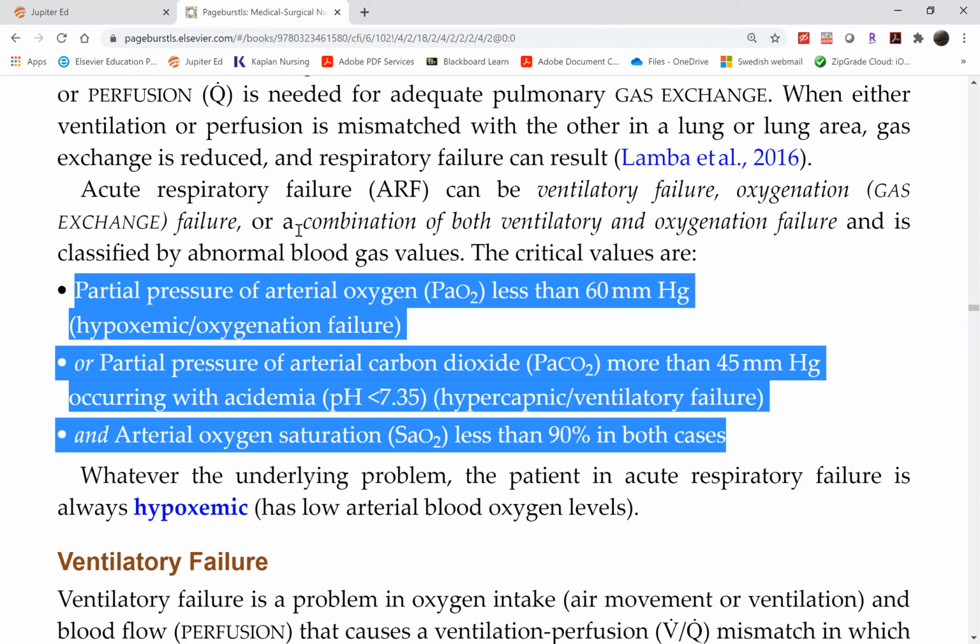Either the patient has a PaO2 of less than 60 and oxygen saturation of 90%. That condition is present in oxygenation. I'll explain that. Or it can also be a PaCO2 of more than 45, and the oxygenation is still less than 90%.